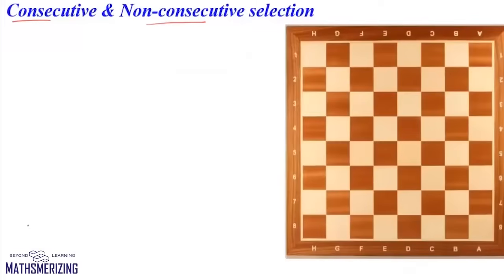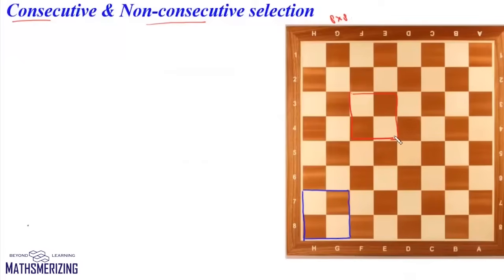Now let us take up an example. Say, for example, we have a chessboard having 8 cross 8 squares. Now on this chessboard, we need to find how many 2 cross 2 squares can be selected. How do we do that?